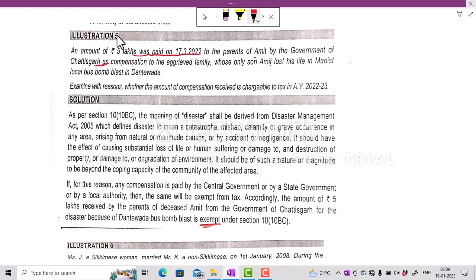Examine with reasons whether the amount of compensation received is chargeable to tax in assessment year 2022-23. See, the amount is received by the legal heir of the victim from the state government due to some disaster. So this is covered in the exemptions. So that amount is exempted from tax.